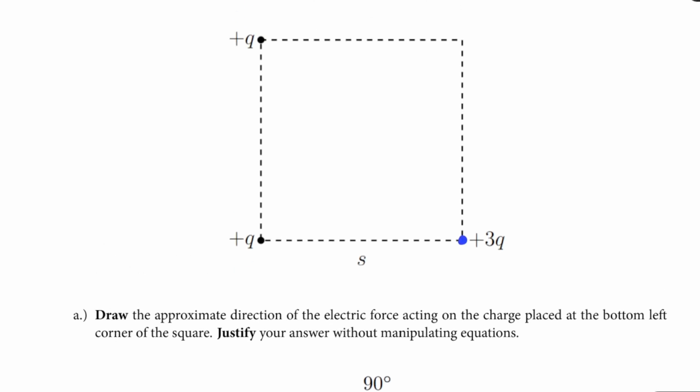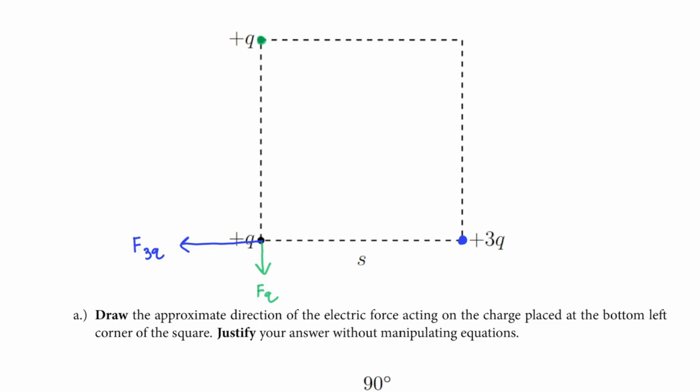Notice that I have two charges, and they are the same distance away, so I don't have to deal with distance at all as a factor in my comparison. But one of these charges is bigger than the other. So I know that my green charge plus Q is going to exert a force downwards, but my 3Q charge is going to exert a force leftwards, and it's actually going to be 3 times as long.